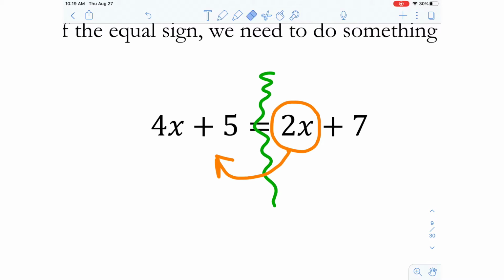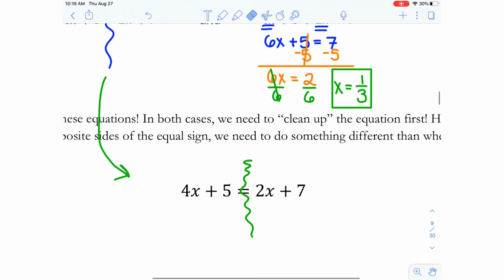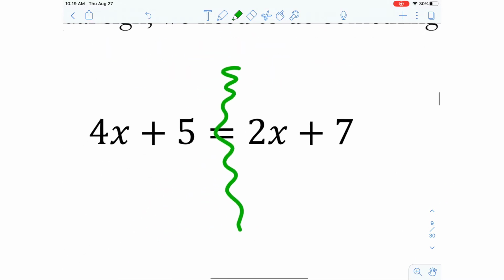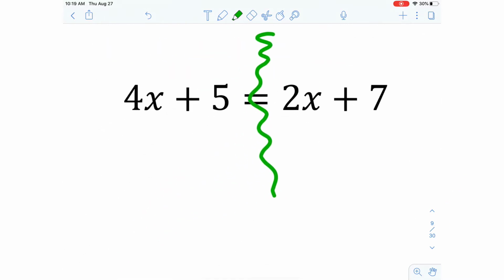When we move things from one side of the equation to the other, we have to do an opposite operation of whatever it is on the original side. Like up here, I had a plus 5. In order to bring that 5 over to the other side, I had to subtract it. It's the same idea with variables. In order to bring this 2x over to the other side, I have to subtract it over.